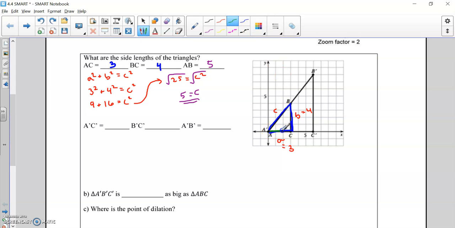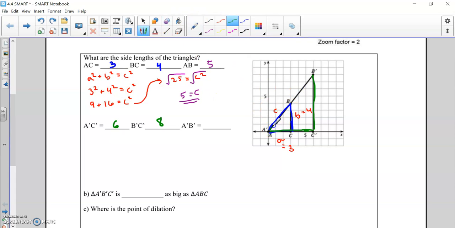This is the one we're asking for side lengths for this time, A prime, C prime. This one right over here has 1, 2, 3, 4, 5, 6 boxes. B prime, C prime has 1, 2, 3, 4, 5, 6, 7, 8 boxes. And for A prime, B prime, we can do the same exact thing we did here and do the Pythagorean theorem.